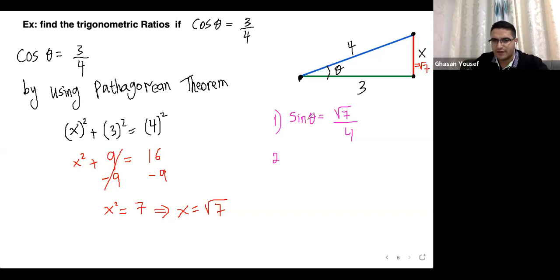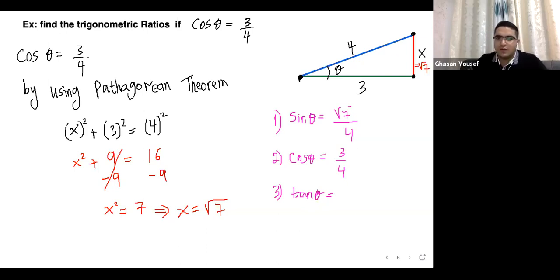Second one, the cosine of theta is given as 3 over 4. But let's make sure our solution is right. It equals the adjacent over the hypotenuse, which is 3 over 4. Number 3, what's the tan of theta?